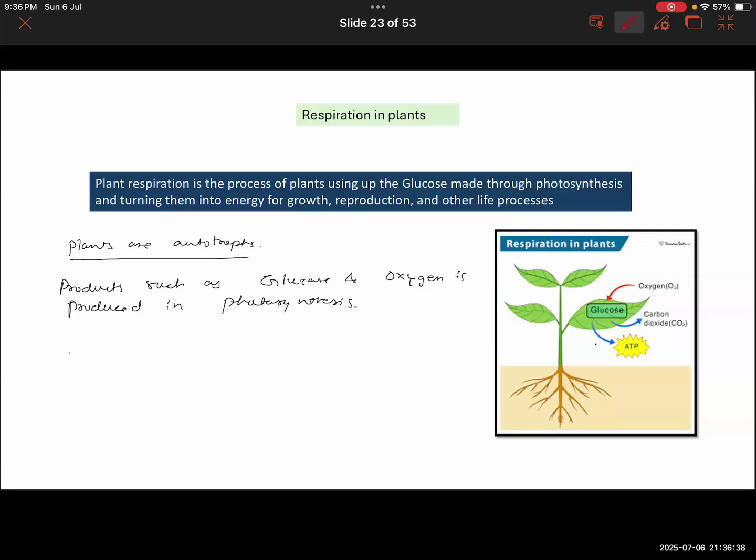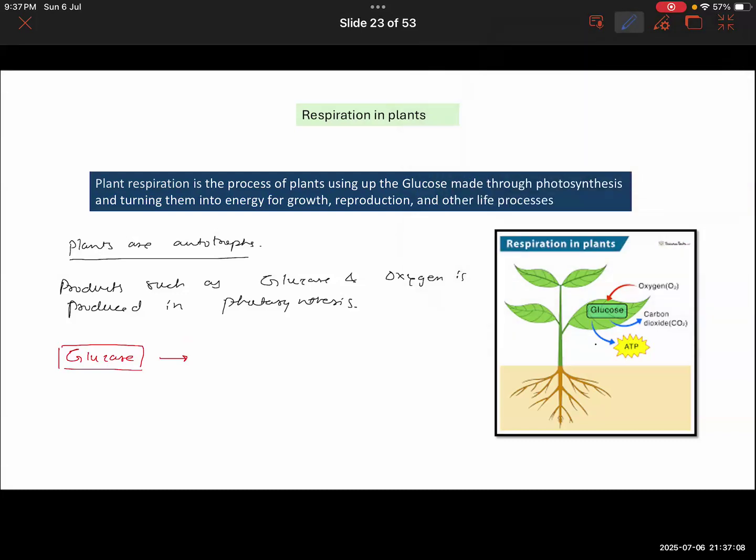This glucose, they will be storing in different parts of their body, like in the stem, in the leaves, in the roots, in the fruits or vegetables, etc. And some of the glucose they will be using for themselves, in the process of respiration, to break it down further and obtain energy. Getting it?